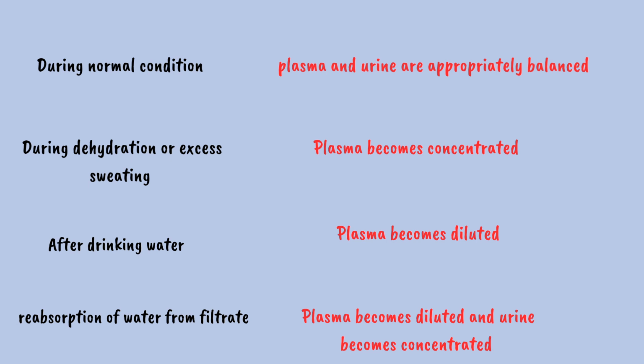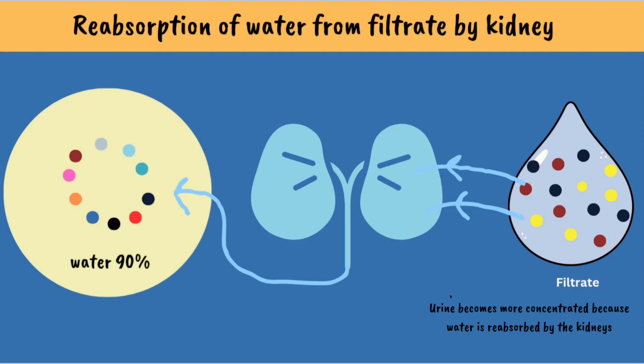To compensate, the kidneys reabsorb water from the filtrate into the plasma, making the plasma less concentrated. As a result, urine becomes more concentrated, since less water is excreted and more is retained in the body. This kidney function is essential for homeostasis, ensuring the body conserves water when needed while still eliminating waste effectively.